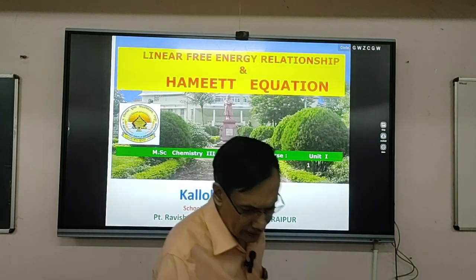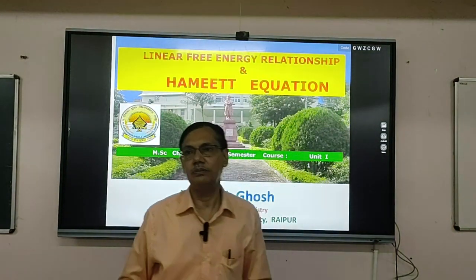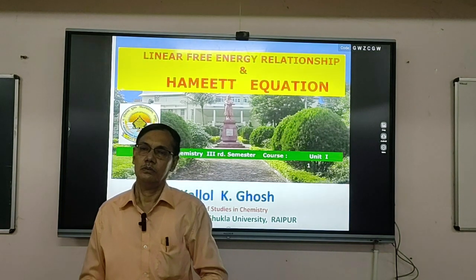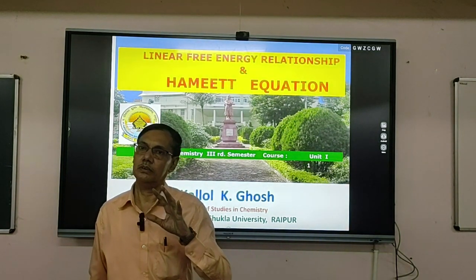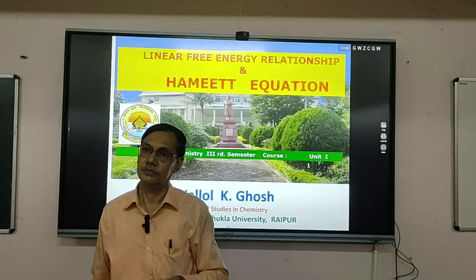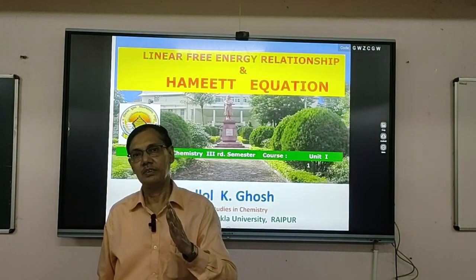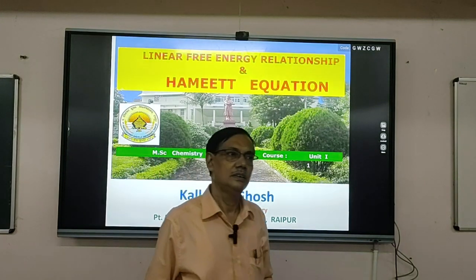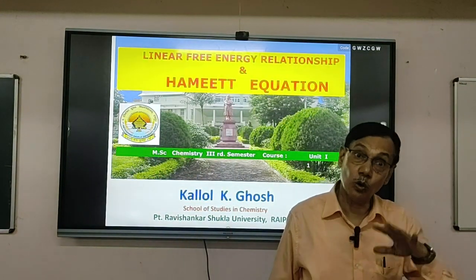Okay. So before that, you know that nowadays one thing is very important. What is the program outcomes? Second is the program specific outcome, and third is the course outcome.